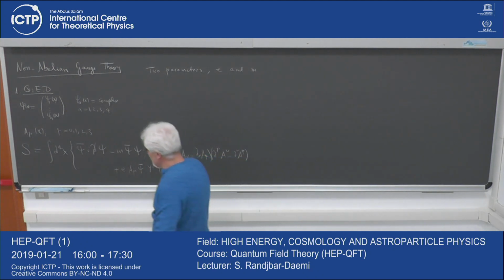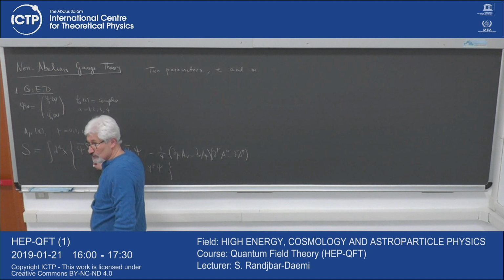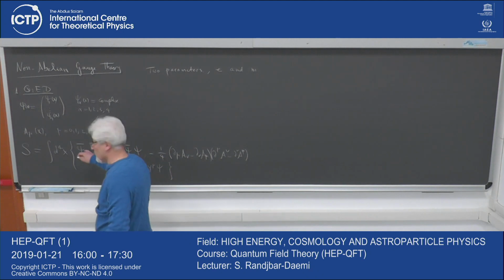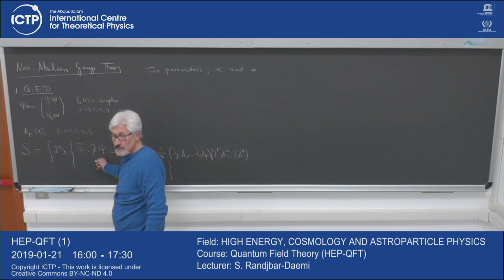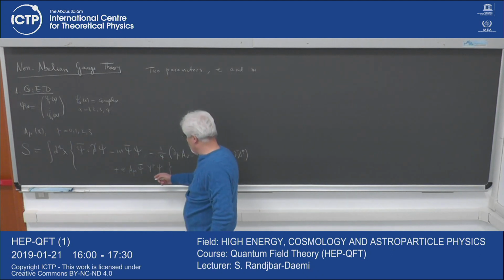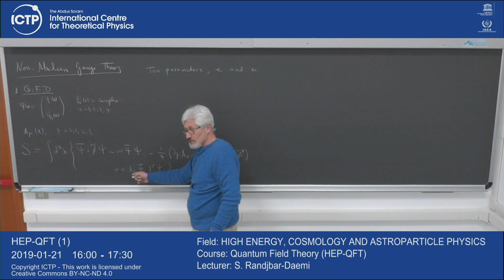And each term in the action has mass dimension of 4. Okay? You know the dimensions of psi and A. Right? You know how to calculate the mass dimensions of psi and A. What's the mass dimension of psi? 3/2. So 3 halves, 3 halves, and 1 is 4. Likewise, this one is 1, and that's 3, so the whole thing is 4.